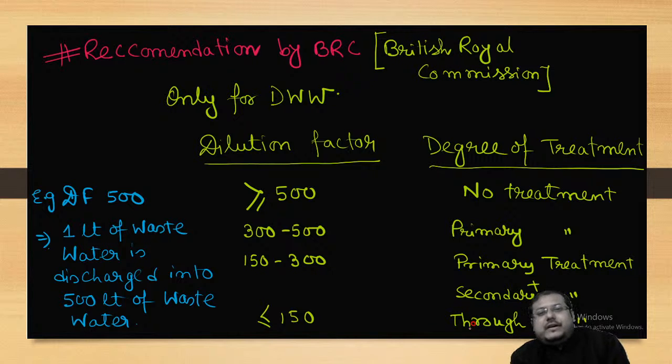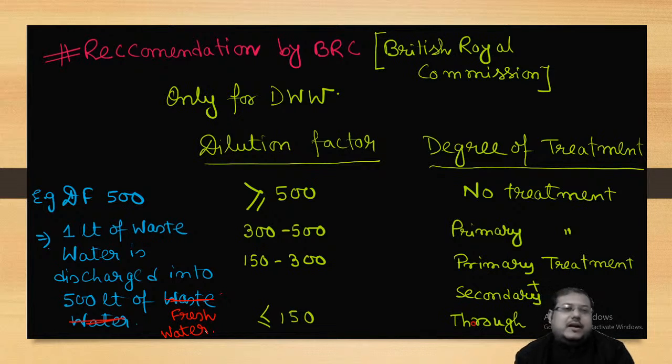And what does dilution factor 500 mean? Just I am giving an example: if 1 liter of wastewater is discharged into 500 liter of fresh water, then it will be called the dilution factor 500.